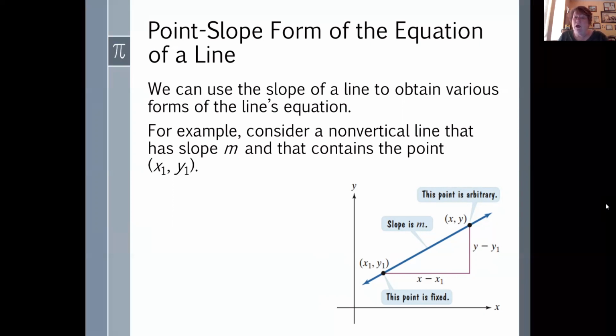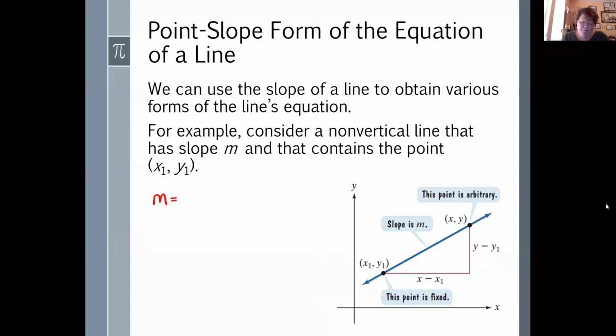All right, so we can use the slope of a line to obtain various forms of the line's equation. For example, consider a non-vertical line that has slope m and that contains the point x sub 1, y sub 1. So we can use our slope formula to find the equation of this line.